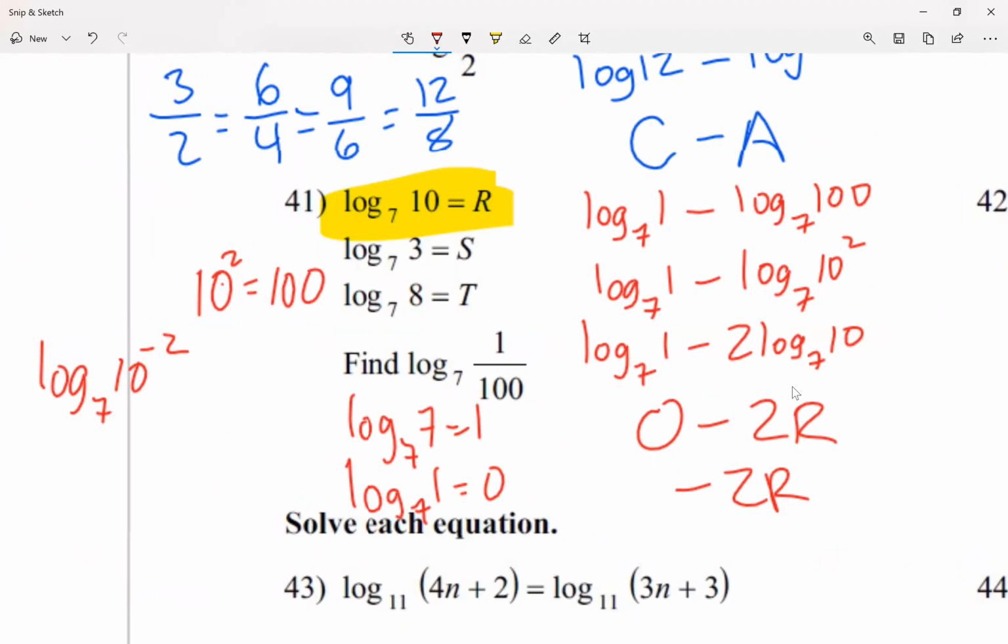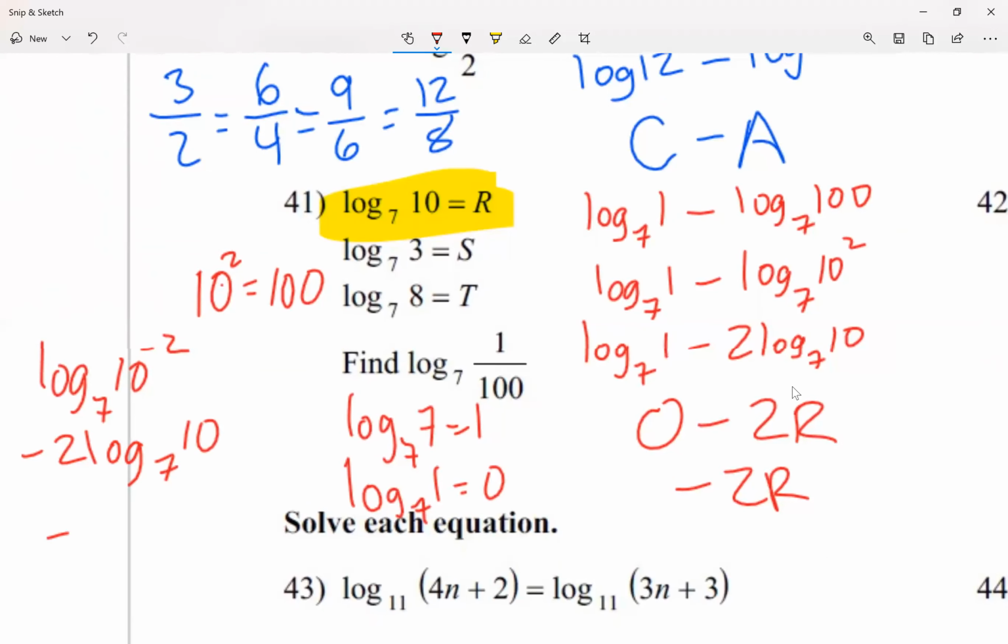I know 10 squared is 100, 10 to the negative 2, right? When I use a negative exponent, doesn't that flip my fraction? So I could have seen this as negative 2 log base 7 of 10, which is just negative 2r. Nice, right? We could have done it two different ways.